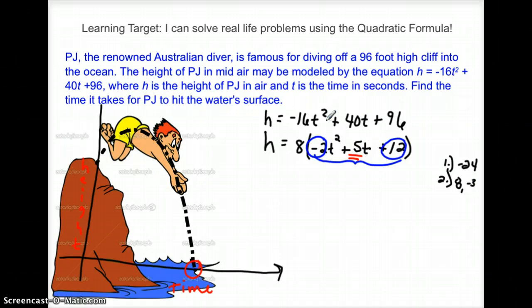Now we're going to expand the 5t in the middle: negative 2t squared plus 8t minus 3t. Instead of combining like terms, we took them apart using the two numbers we got from step 2. Now I've got 4 terms, so I'm going to group. Remember, I want a plus sign in the middle, so I'm treating that as if it were a negative 3.